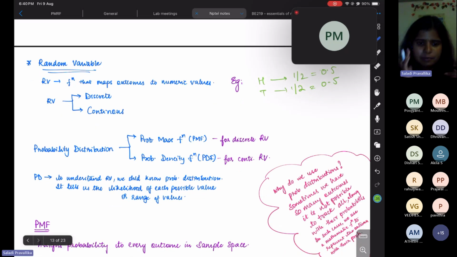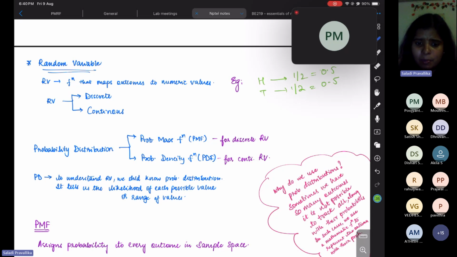For these random variables, we will use something called a probability distribution. Sometimes we have so many outcomes. For example, let us say I have 1,000 colors in a bag, and the same colors might repeat so many times.